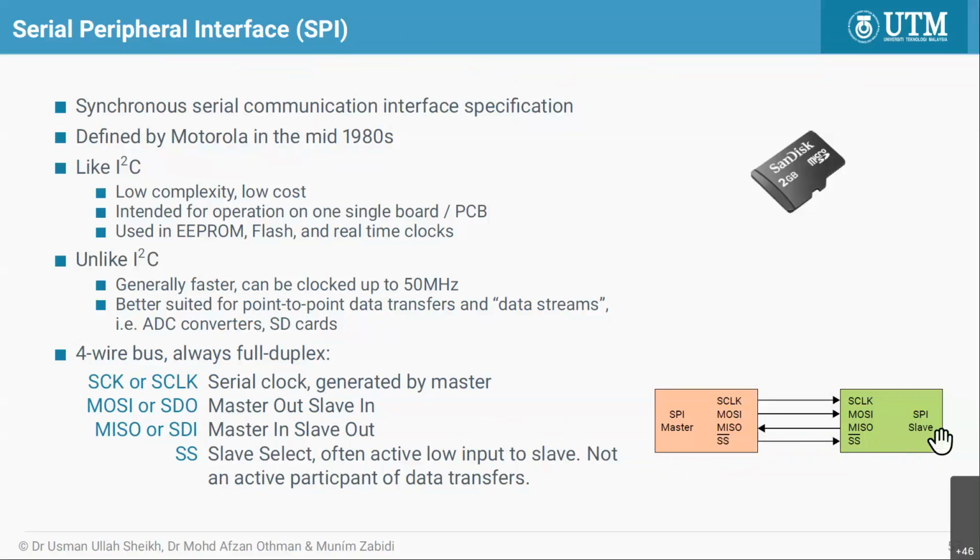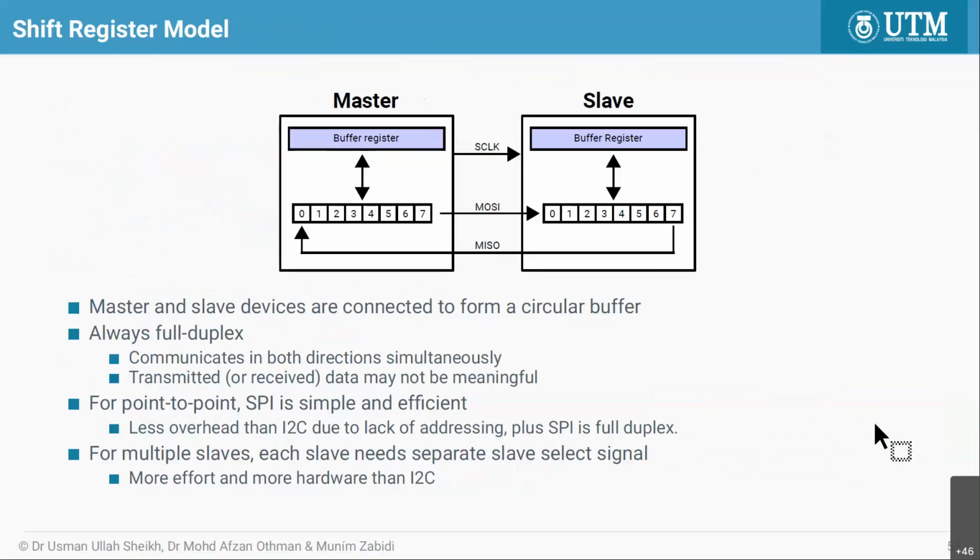If you have only one slave, you can even skip the configuration of this pin. So for one master, one slave communication, you can see here we don't have to include the slave select pin.